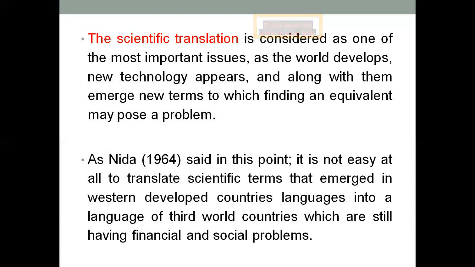So the lack of equivalents is the main problem facing scientific translators in general.